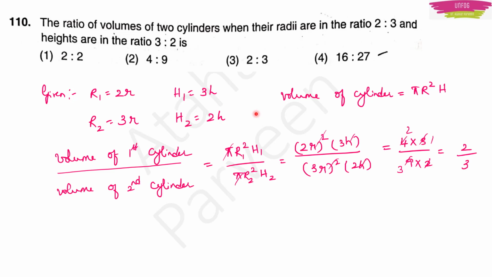Now just take the ratio: volume of first cylinder upon volume of second cylinder. Many things will get cancelled, like pi, small r and h. In the numerator I will have 2 square into 3, and in the denominator 3 square into 2. After cancellation I get the answer 2:3. Option 3 will be the correct answer.